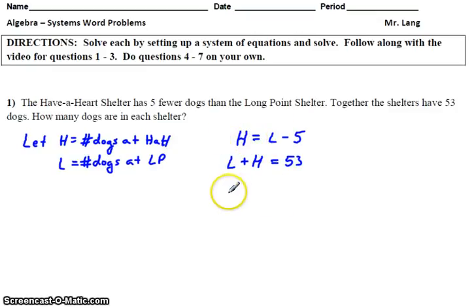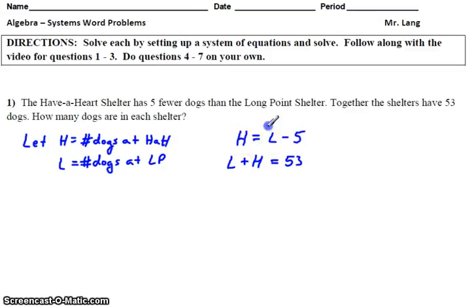And now we've got a system of equations with 2 different variables and 2 equations, so we can solve this. Now we can solve this either by elimination, or we could do substitution. And we've already discussed the best method to choose. And in this case, I think the easiest way is substitution. The reason being, they're not lined up perfectly, and one of the variables here, H, is solved.